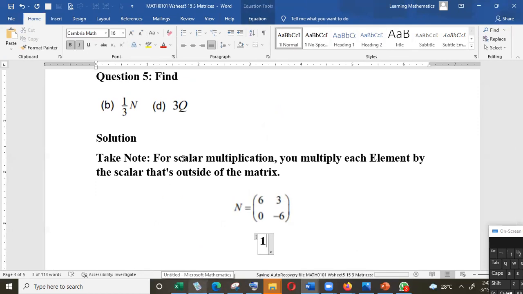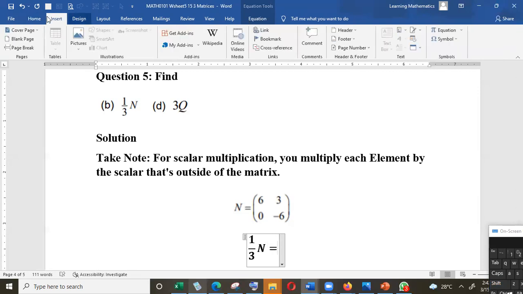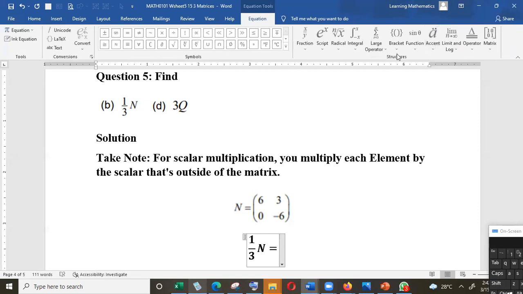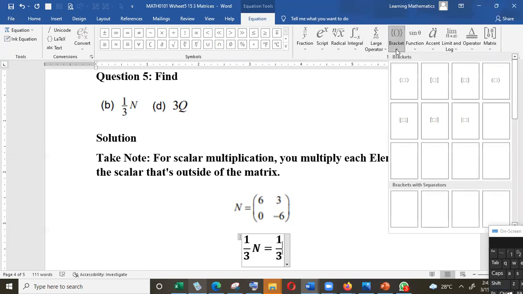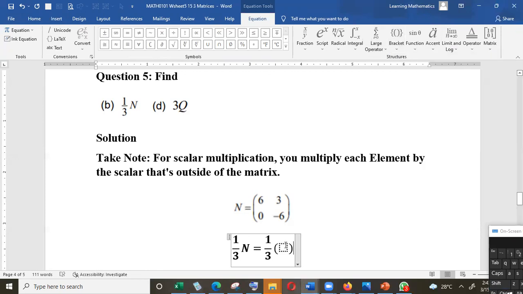So a third times n is equal to, so go to equation, make sure you write a third. A third times, and put our bracket, and we click in the bracket, and we want to insert a 2 by 2 matrix, right?